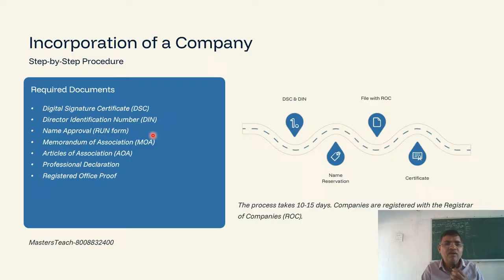Then name approval, memorandum of association, articles of association, professional declaration and registered office proof. So these are the required documents in order to incorporate or start a company. This process will take at least 10 to 15 days. The company is registered with the Registrar of Companies under the Companies Act 2013.